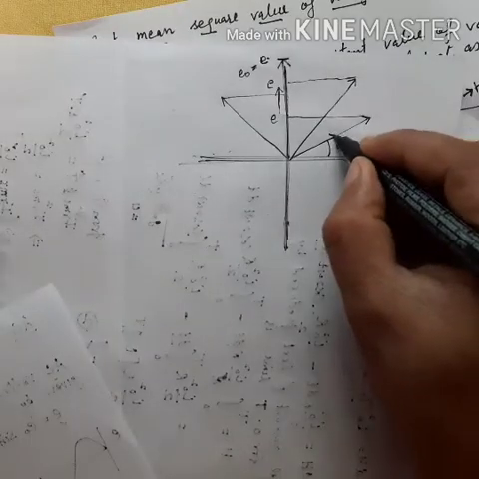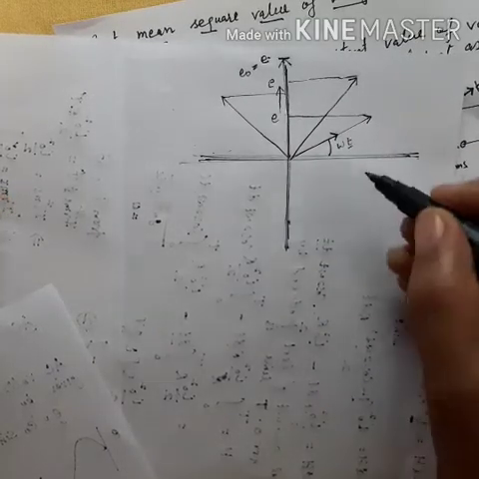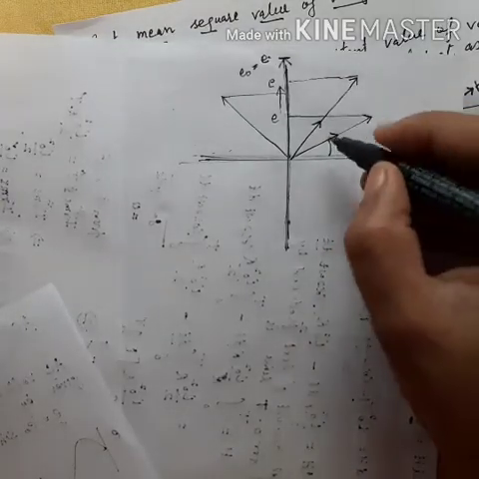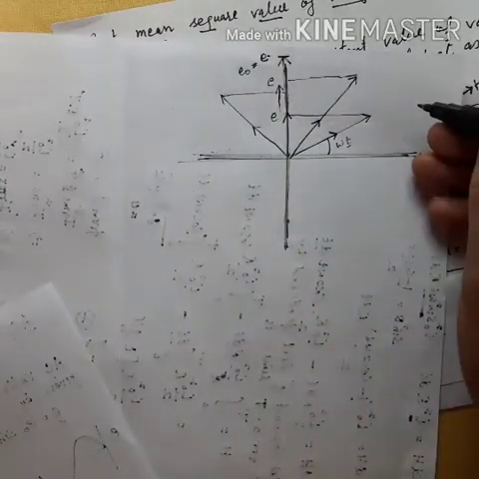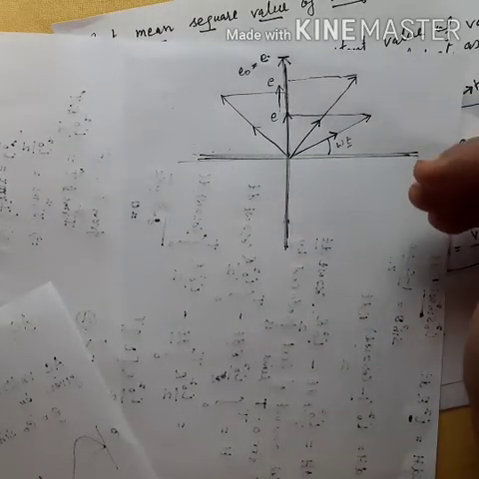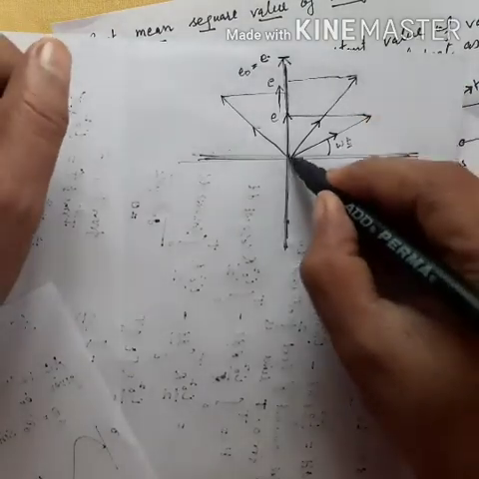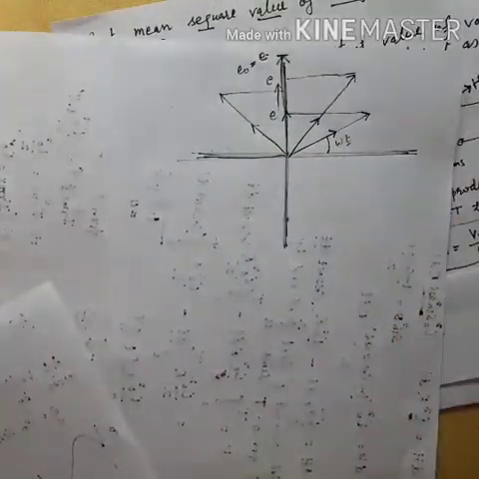In the case of resistance, the current also lies along the same arrow. As this vector rotates, the current arrow also rotates in the same manner and at the same rate. So we can say that both will achieve the maximum and minimum value at the same time.